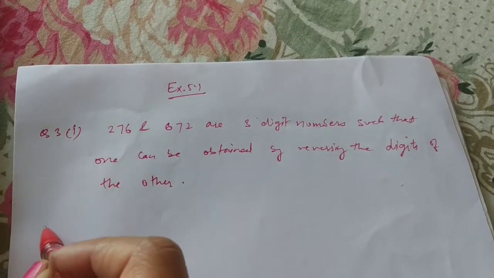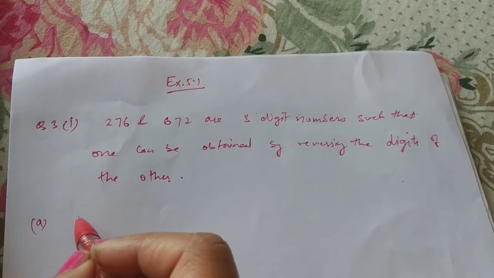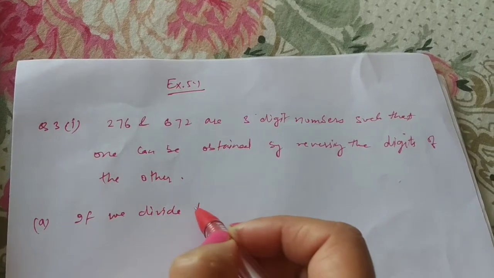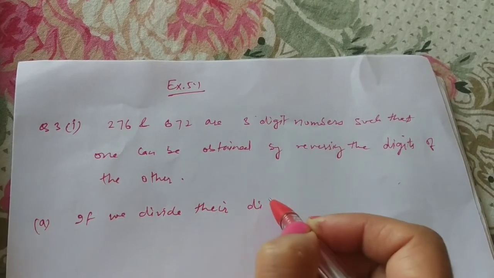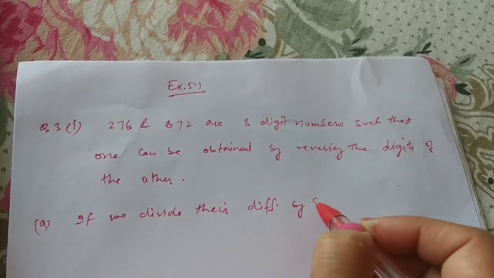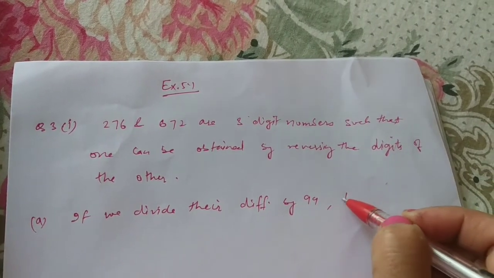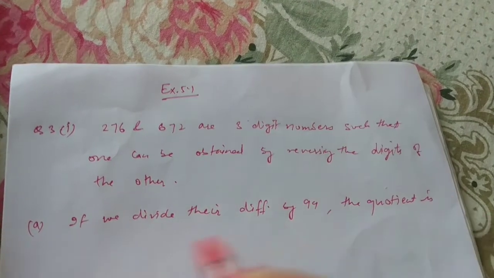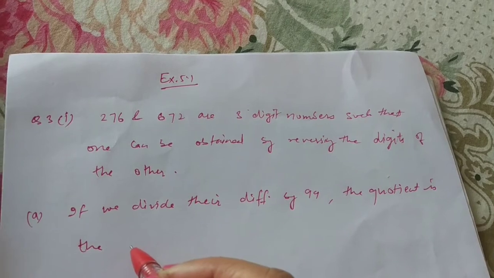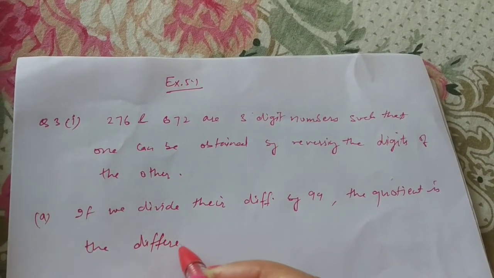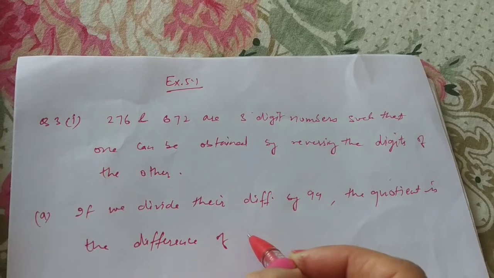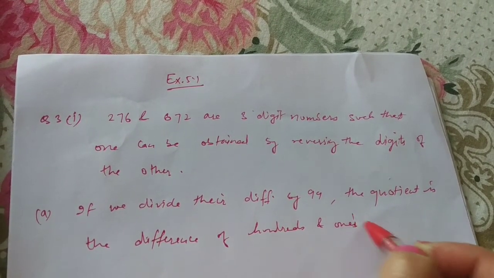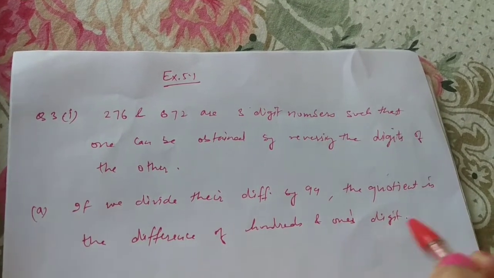So for A part, we would write: if we divide their difference by 99, the quotient is the difference of hundreds and ones digit.